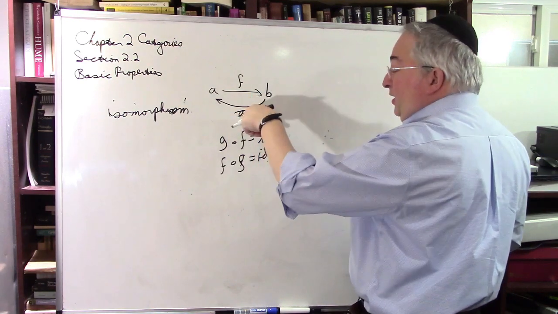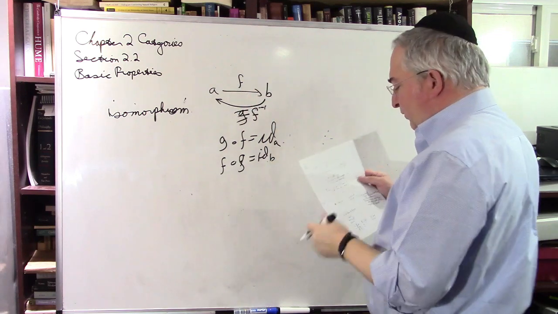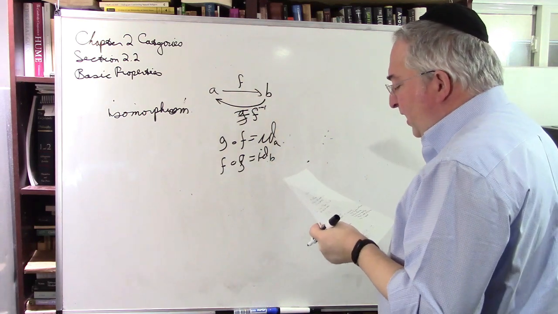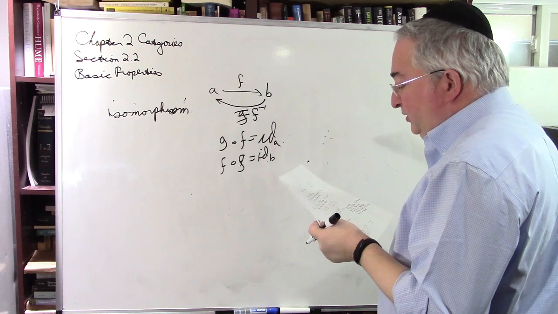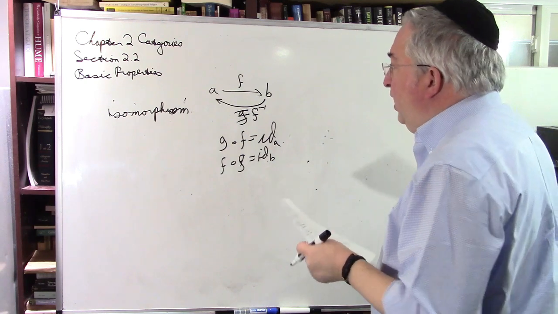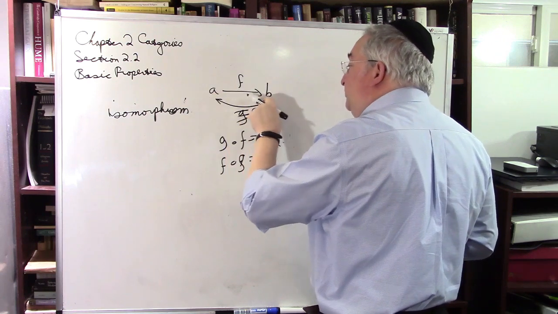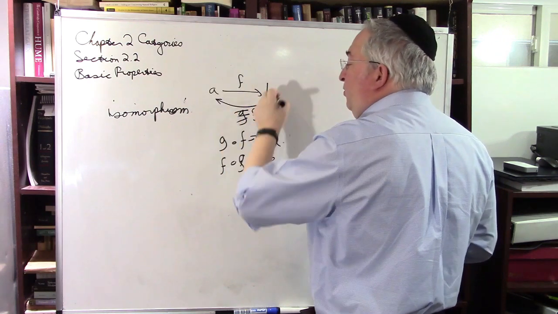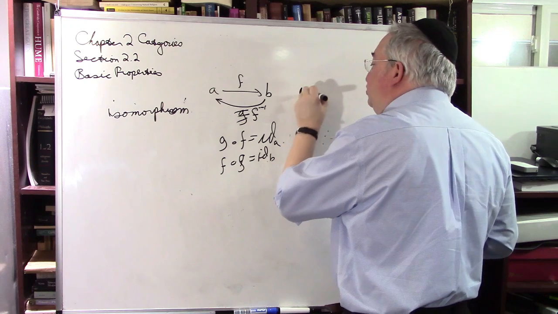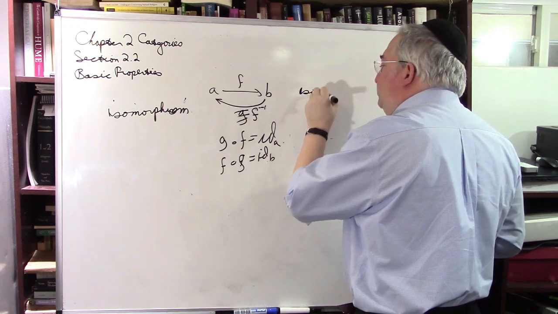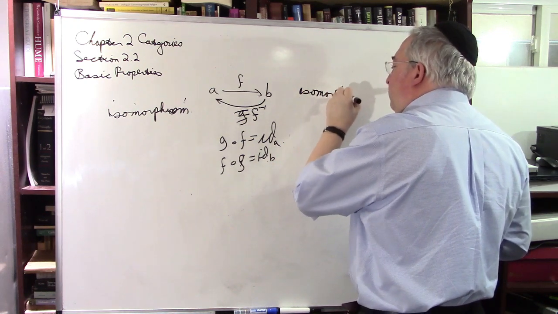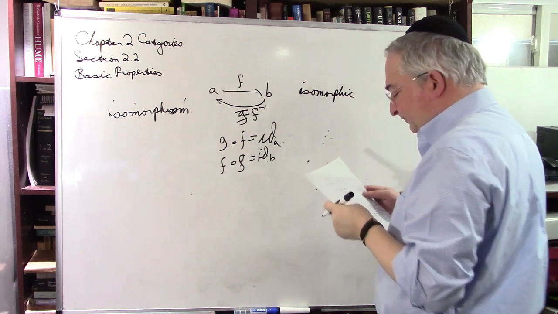We can write F as G minus 1 also. Okay? And there's a lot of nice properties about isomorphisms. If an object A and an object B have an isomorphism between them, the objects are called isomorphic.